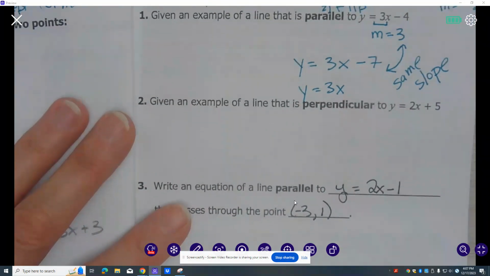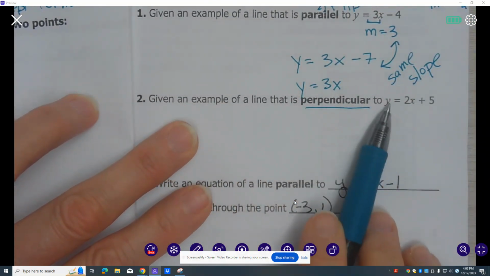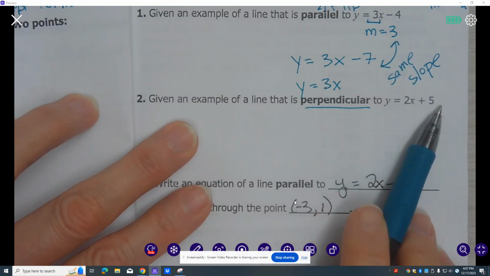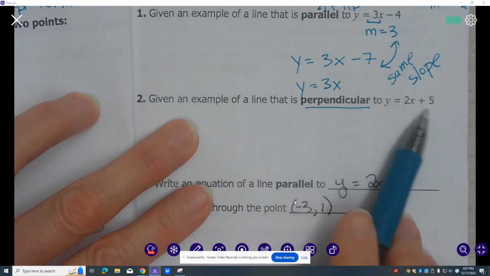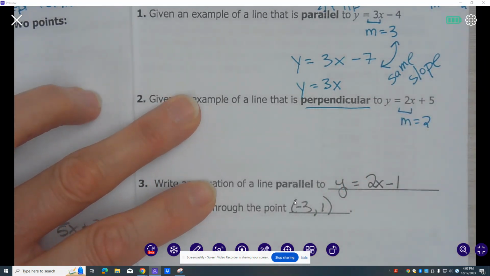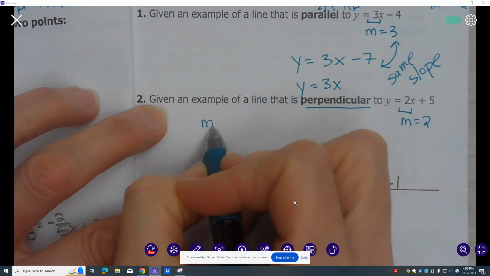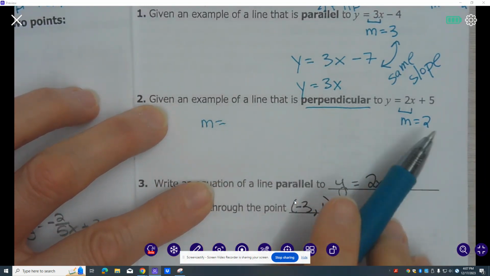Now this one says give an example of a line that is perpendicular to this line. This line, again, is in slope-intercept form, y equals mx plus b. So the slope of this line is 2. So I need to write an equation of a line that is perpendicular to this line. So the new slope would be, this one's positive.